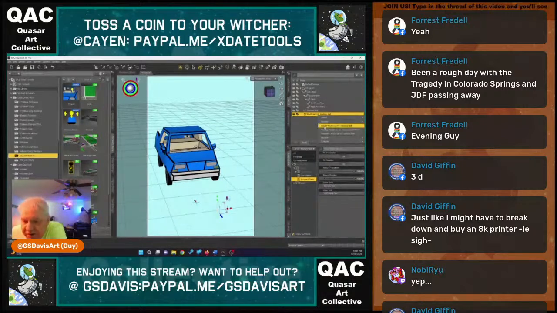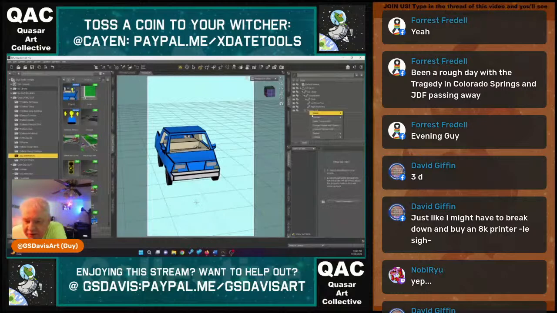Okay, I'm gonna delete the IK chain, and I'm gonna delete the null because it's not helping me any. I'm not getting a good bead on how to move the vehicle.